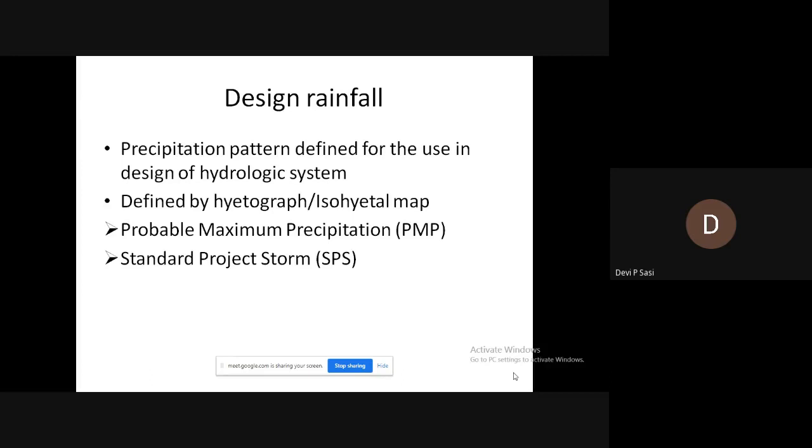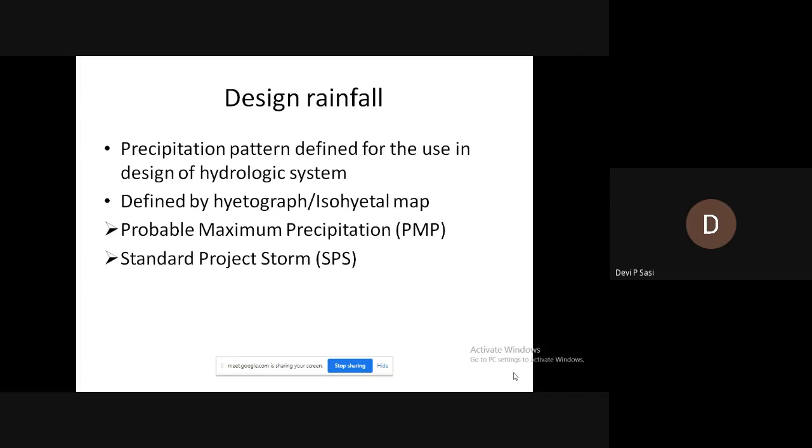But when we are dealing with PMP, it is maximized for the most critical atmospheric condition, while SPS is not maximized for the most critical condition.